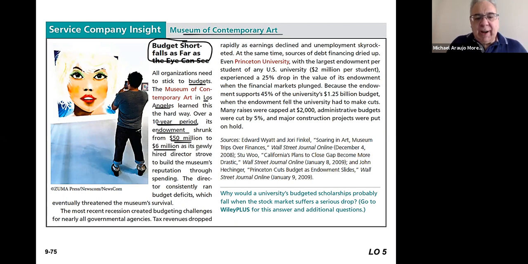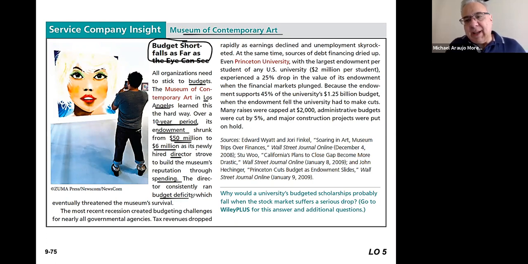Okay. Why? Because they had a newly hired director of the museum who wanted to build the museum's reputation through spending a lot of money. And that meant that the director constantly ran budget deficits, which have to be funded.